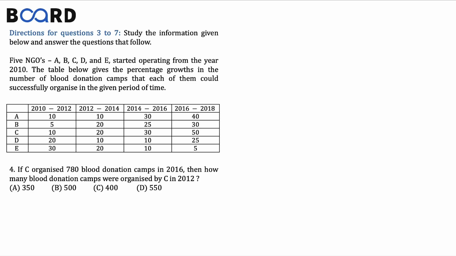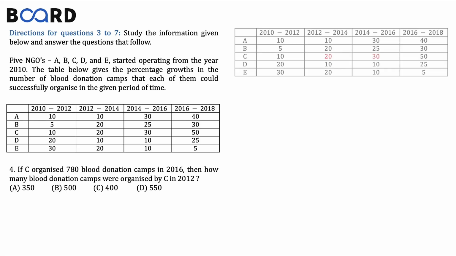If C organized 780 blood donation camps in 2016, then how many blood donation camps were organized by C in 2012? So, what do we know about the percentage increments in C? From 2012 to 2014 it increased by 20%, and 14 to 16 it increased by 30%. So this is the only data I am interested in.